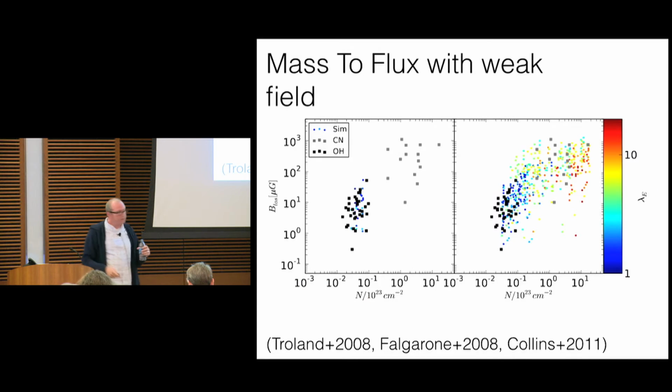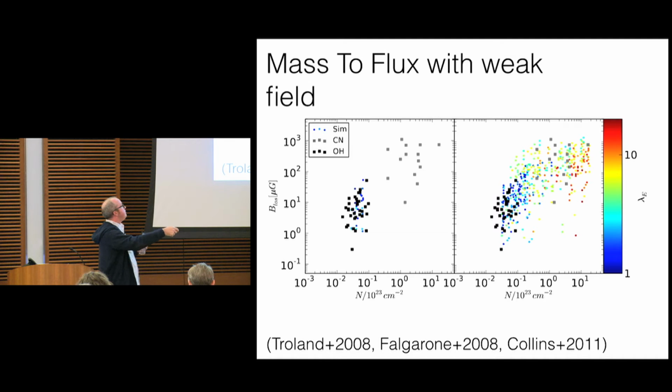And we can see, so this is the line of sight magnetic field strength versus column density for the weakly magnetized simulation with the Zeeman measurements in OH and CN. For the initial snapshot, we find that turbulence alone, because we have this shock-driven compression, can reproduce the OH measurements.